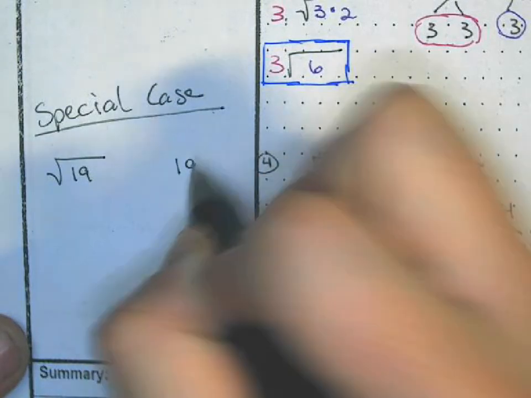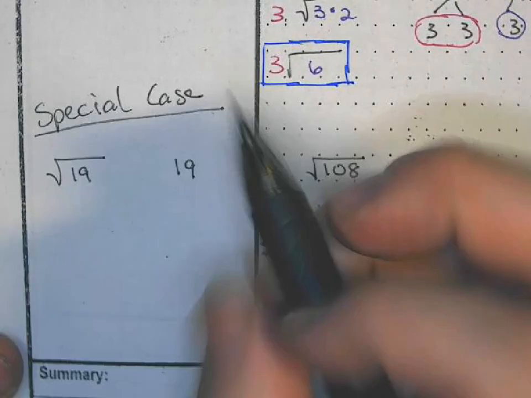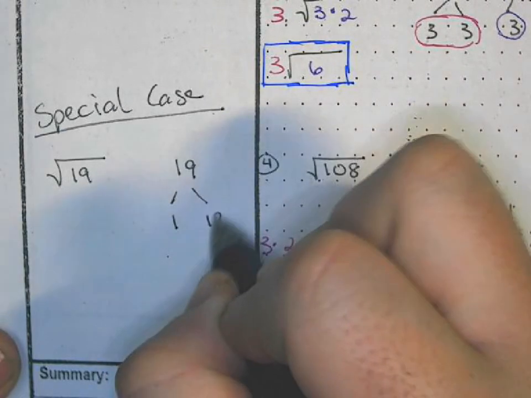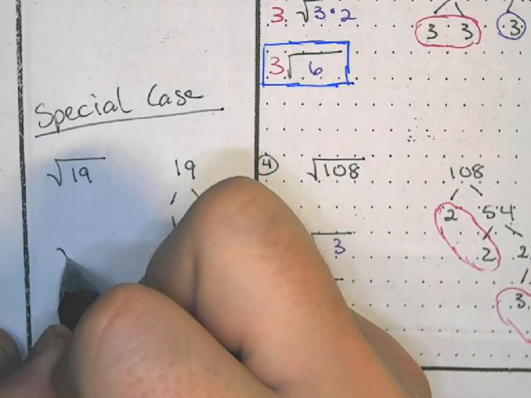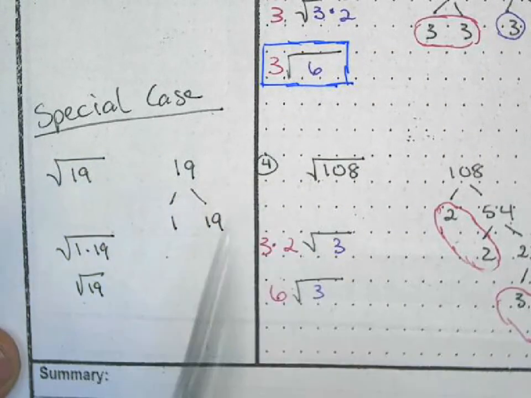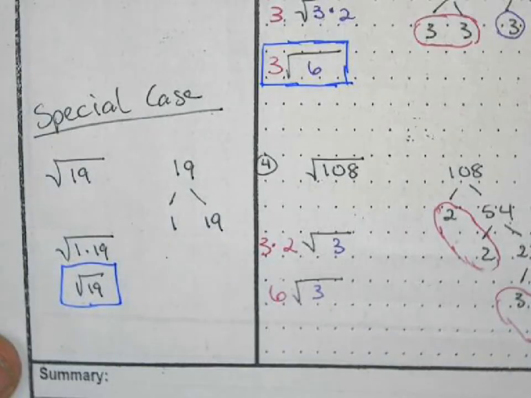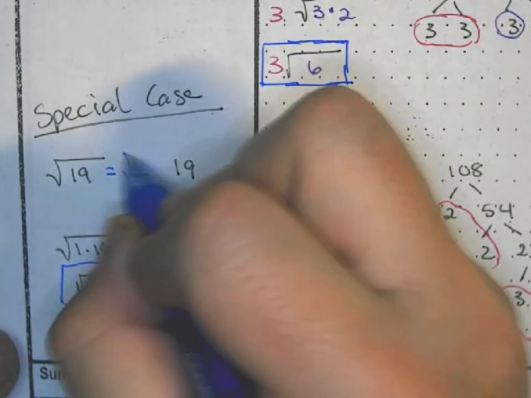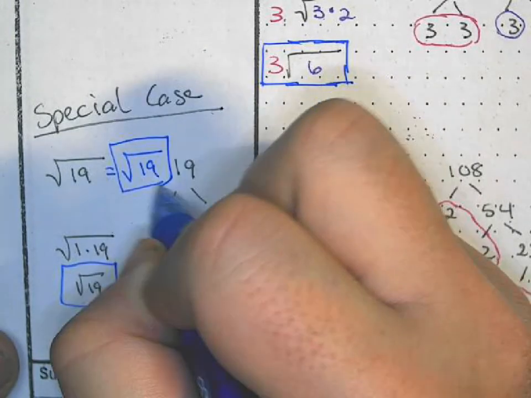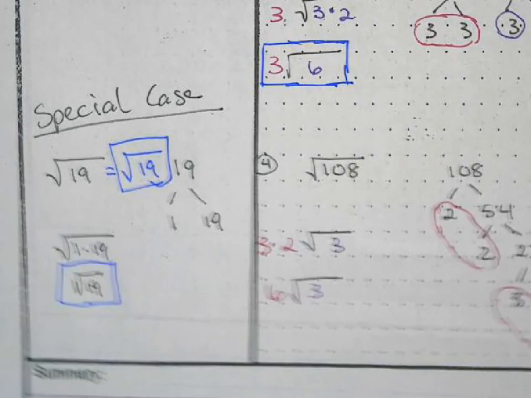If I go to my factor tree and I'm looking at numbers that multiply together to equal 19, well, the only way is 1 and 19, so I'd be left with the square root of 1 times 19, which is the square root of 19. So sometimes it's just going to stay the same. And then you just write, oh, well, this one can't factor down. There's no numbers that multiply to equal 19, so I'm just going to leave it the square root of 19. So occasionally that does happen, so be aware of that.